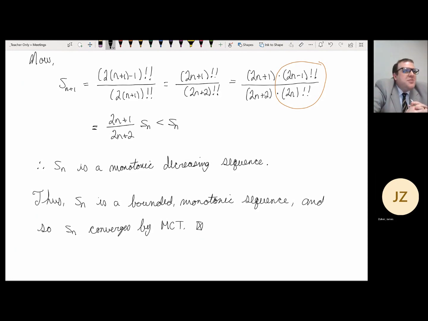Don't know. Just know it converges. Strictly increasing or strictly decreasing? Has to be convergent. That's true.